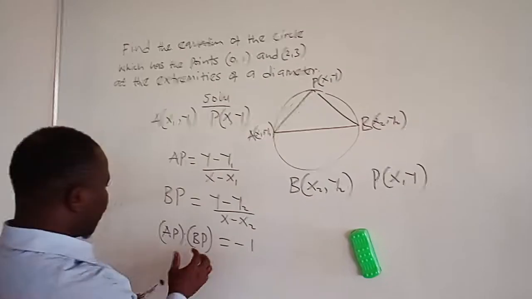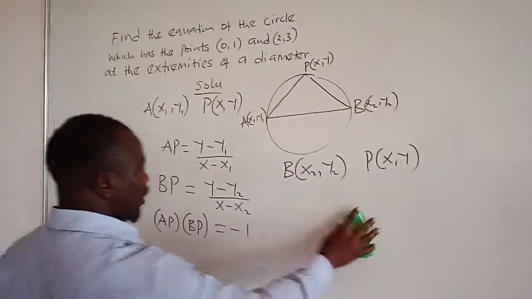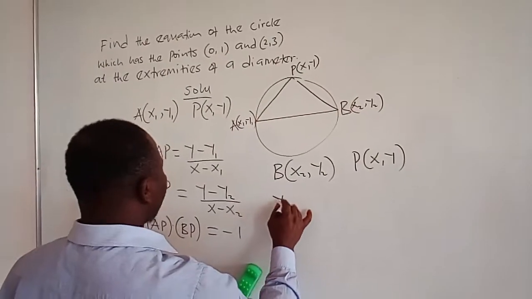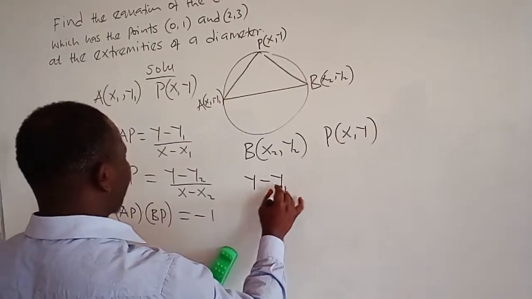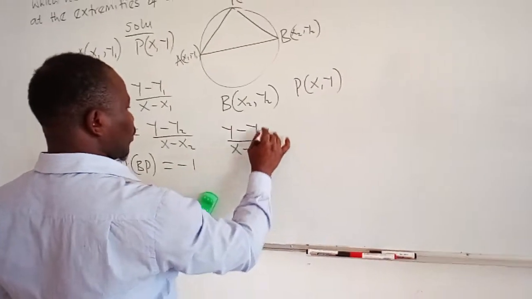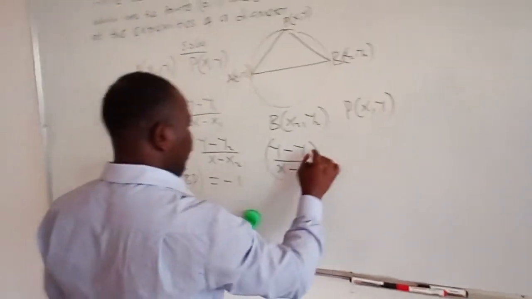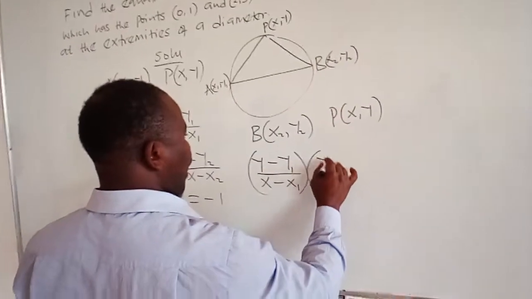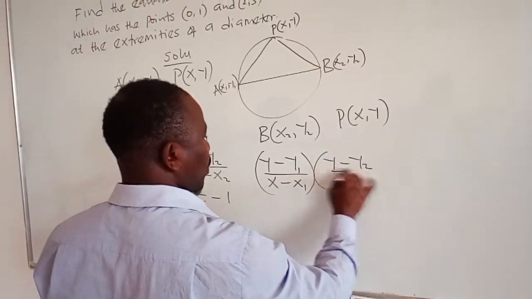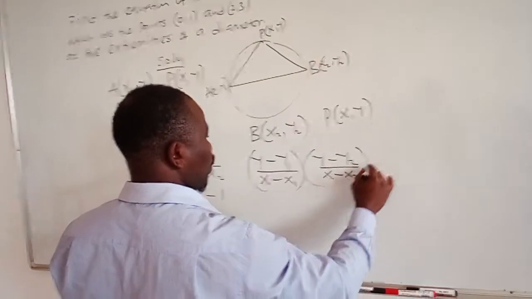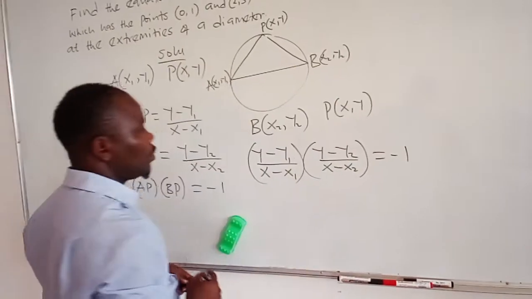Or this is the same thing as (y minus y1 all over x minus x1) times (y minus y2 all over x minus x2) equals -1.